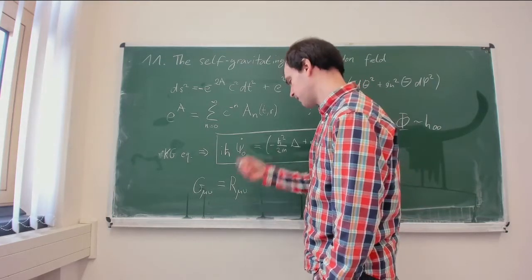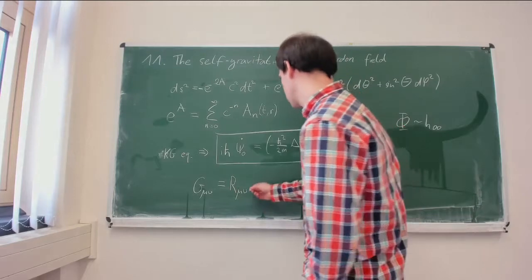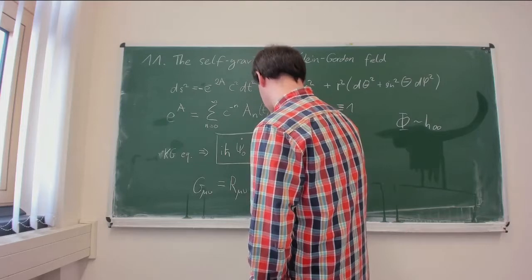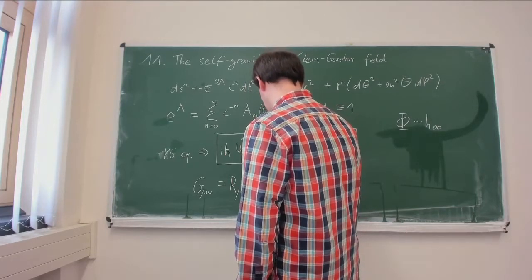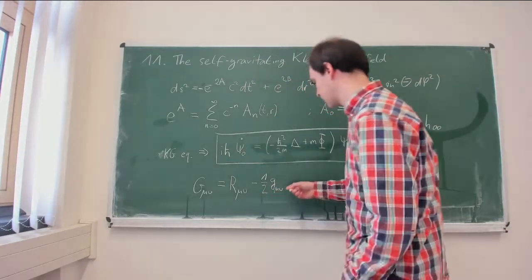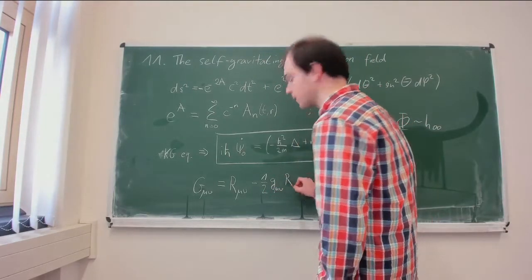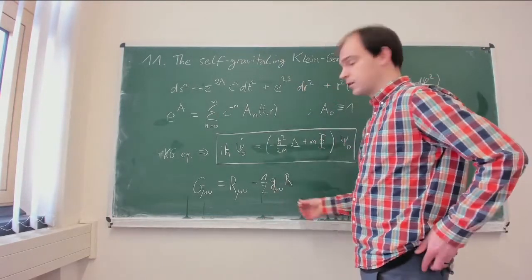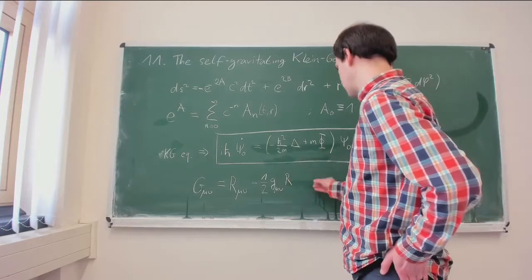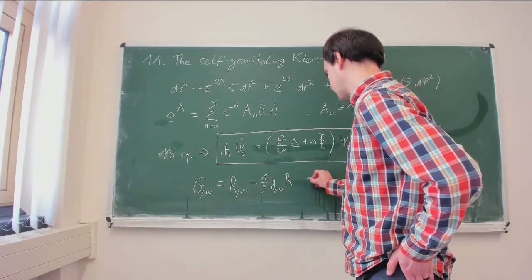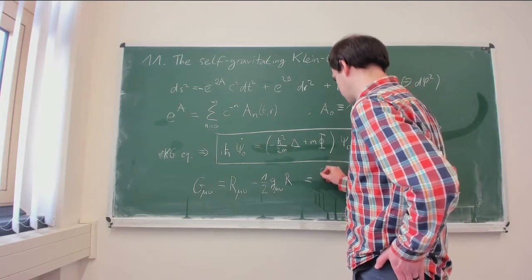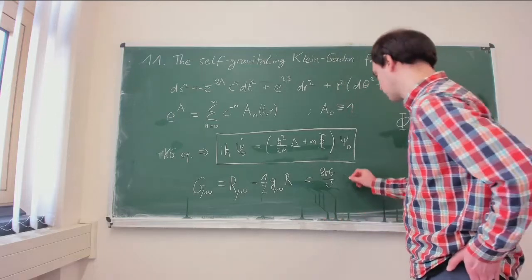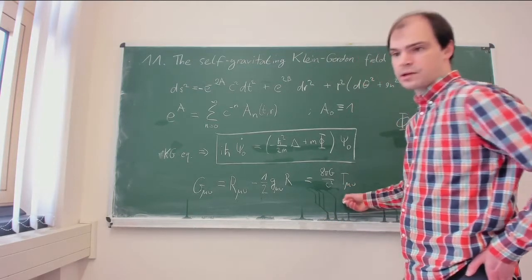Sorry, no, the Ricci tensor R mu nu, minus 1/2 g mu nu times the Ricci scalar R. So this is the left-hand side of Einstein's equations, and then we have the right-hand side, which is 8 pi G divided by c squared times the stress energy tensor T mu nu.